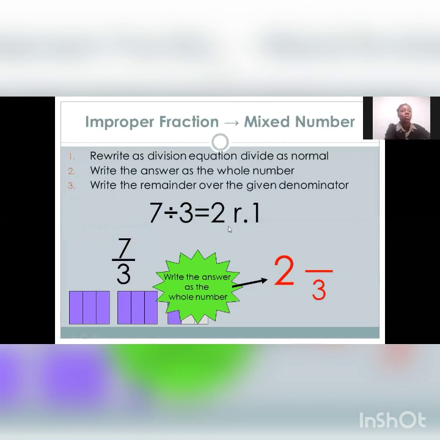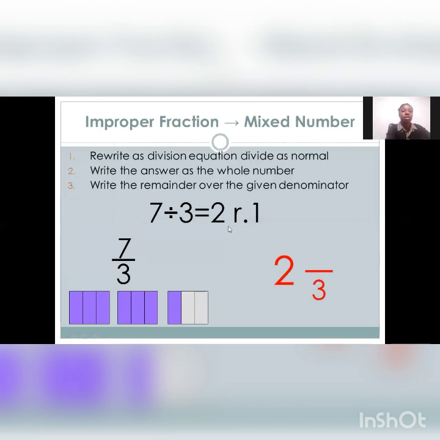Now we're going to play with the remainder. Step 3 says write the remainder over the given denominator. So that's what we're going to do. Take the remainder and put it over the denominator. And that is how we take an improper fraction and make it a mixed number.